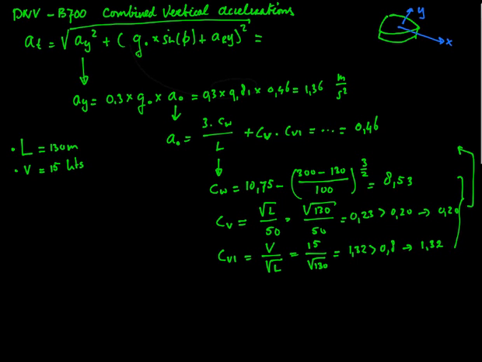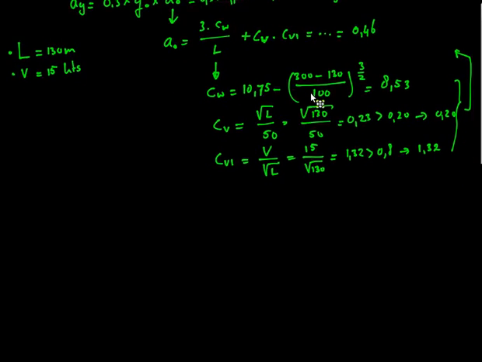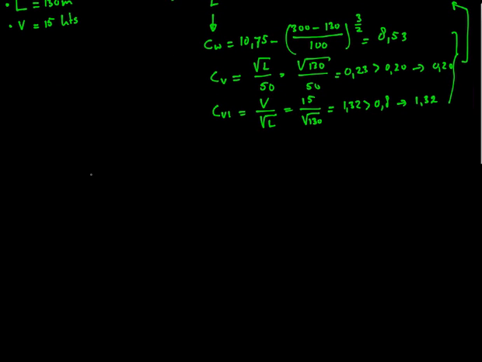Now we have to calculate this part. So we would like to know what is the maximum roll angle. Well, let's try that one. The maximum roll angle is defined as 50 times C divided by the beam of the vessel added by 75.